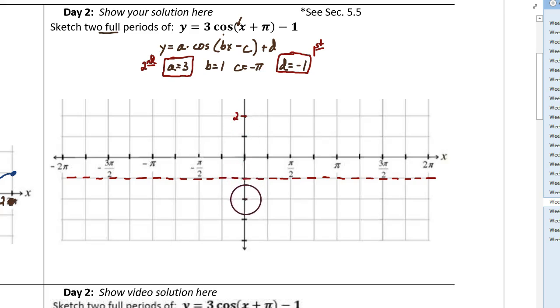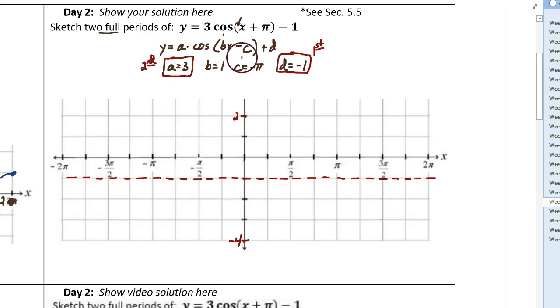From that new center line, go down 3 units and mark that one. That's at negative 4. The highest the humps will ever reach are positive 2, and the lowest that the humps will reach is at negative 4. The distance between our dashed center line to those marks is 3 units, given by the value of a.